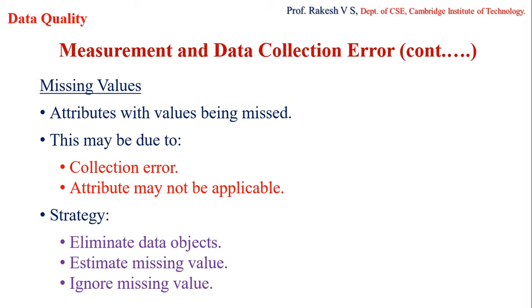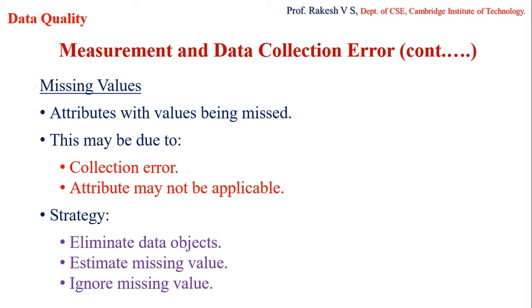So these are the reasons why some values may be missed. But for analysis, even the missing values become important at times. In a few cases, even the values that are missed might become very important with respect to a particular analysis, right? So what strategy are we going to apply in order to perform analysis in these cases?